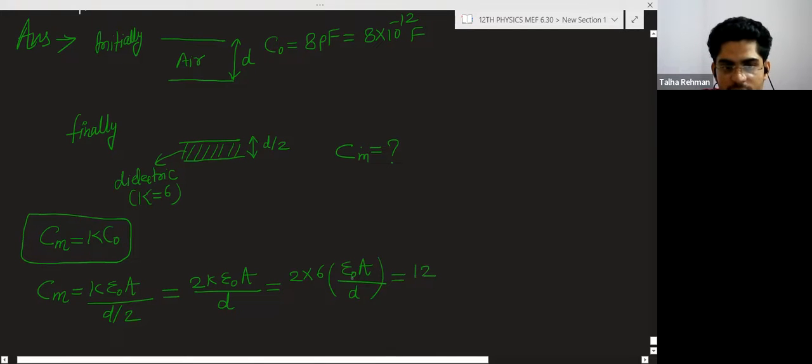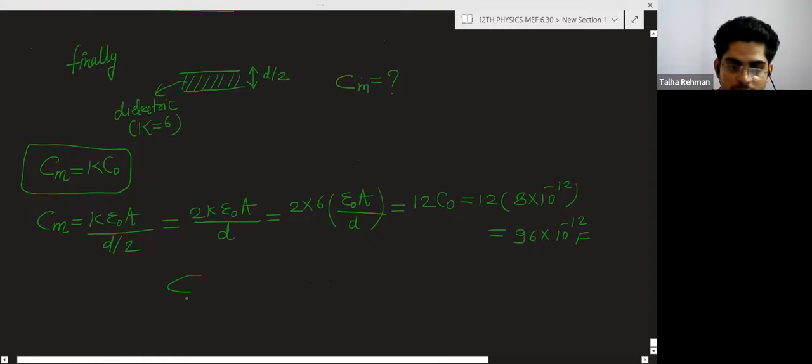This is C naught, and C naught is given as 8 picofarad, meaning 8 into 10 to the power minus 12 farad. So this will become 96 into 10 to the power minus 12 farad. This is our required answer. Cm will be 96 into 10 to the power minus 12 farad. This is the final answer.